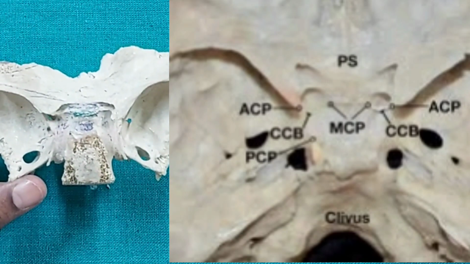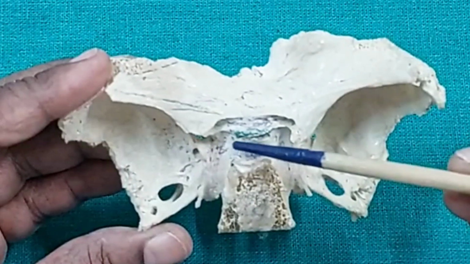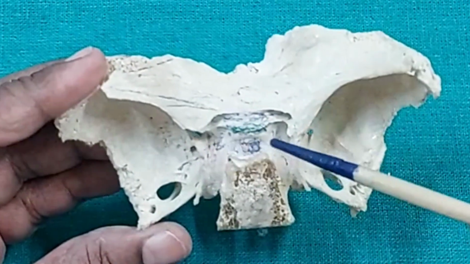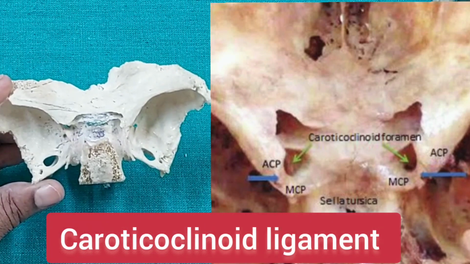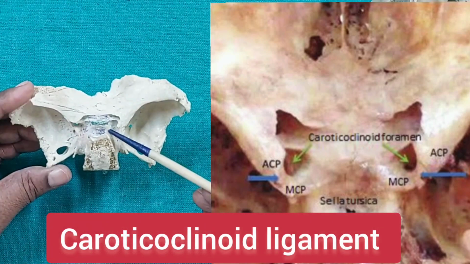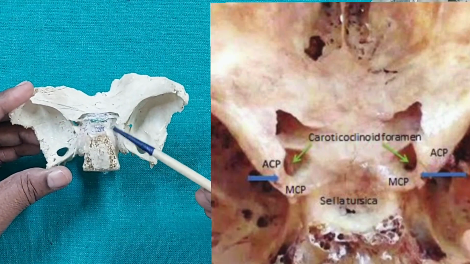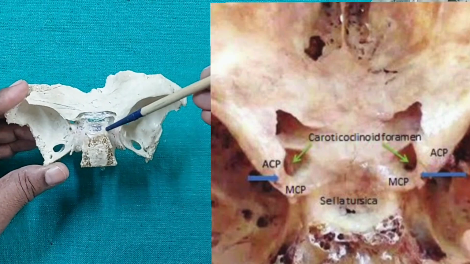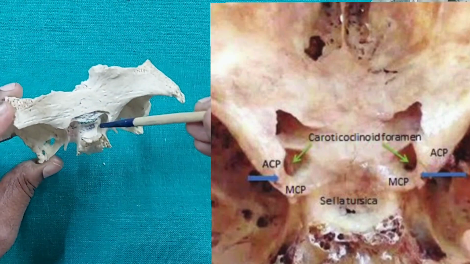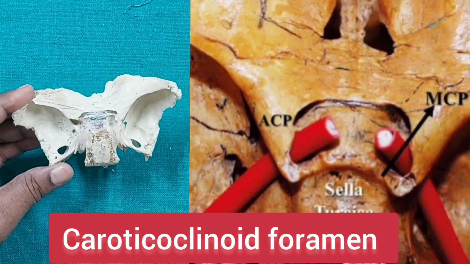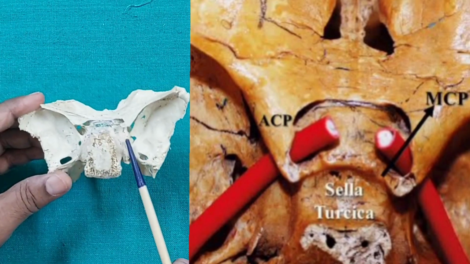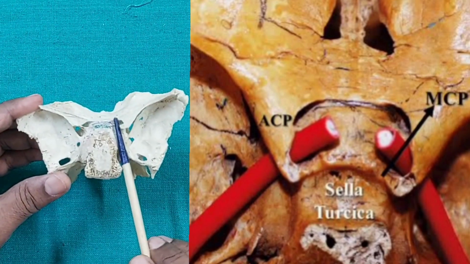The middle clinoid process is connected with the anterior clinoid process on both sides by a ligament called the carotico-clinoid ligament, and this ligament and the body of the sphenoid form a canal. This canal is called the carotico-clinoid foramen, and this foramen transmits the internal carotid artery in this way.